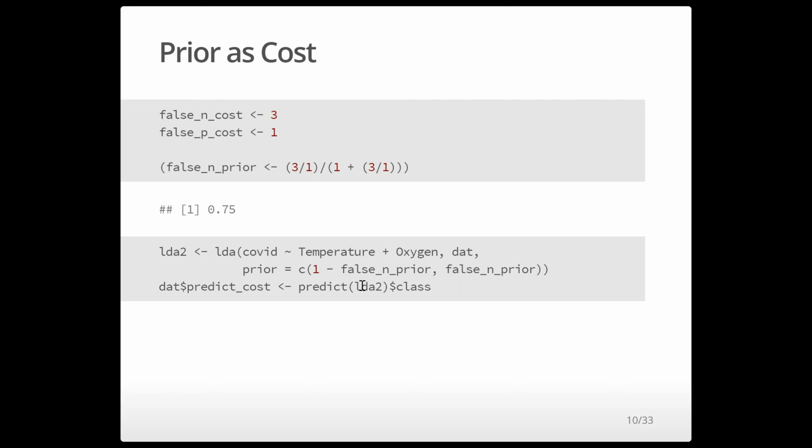Then you take the ratio of the false negative cost to the false positive cost divided by 1 plus the false negative cost divided by the false positive cost. That gives us our prior. Since this is the prior probability for group 2, in our prior argument, we take 1 minus the false negative prior, and then the false negative prior for the second probability. So this is the cost converted to a probability for group 1, and this is for group 2. And then we can once again get our classification from this function.